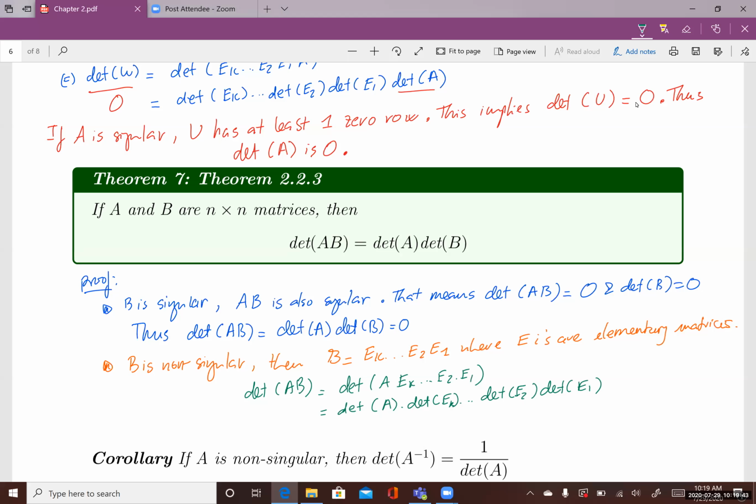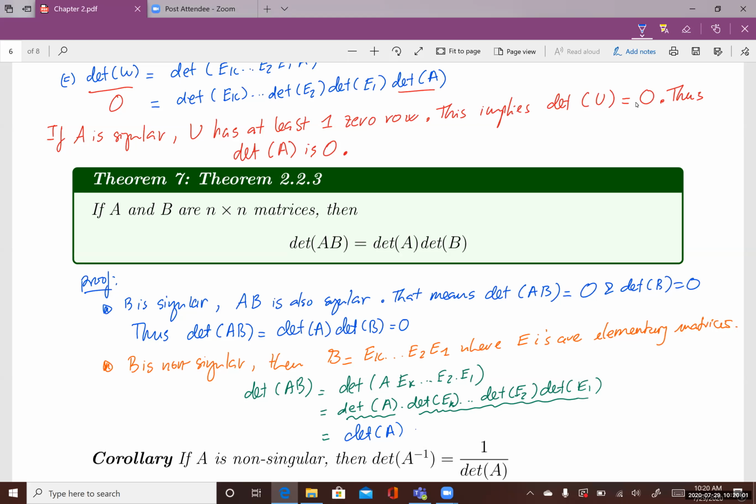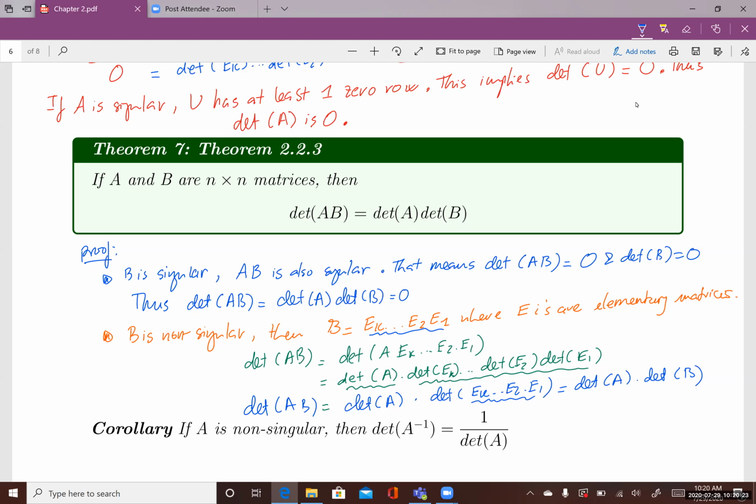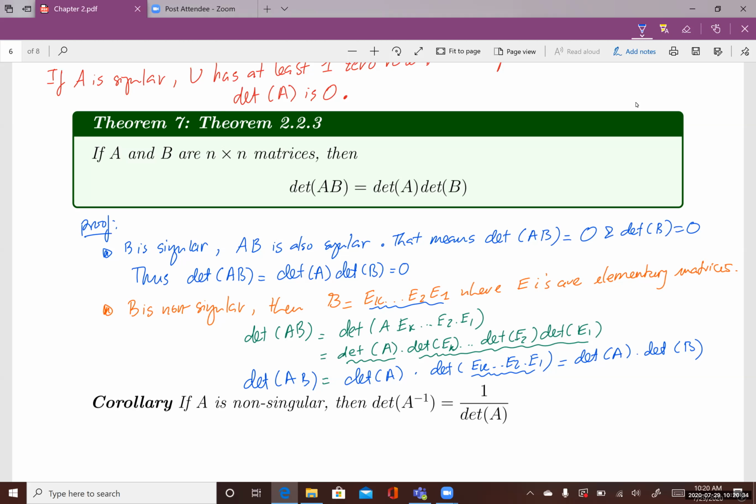Then you keep the determinant of A, but you can combine all of the determinants of elementary matrices into just one determinant, and this is just the determinant of B. So we just showed that the determinant of the product of two matrices is the product of their determinants, in the two cases: when B is singular and when B is non-singular.